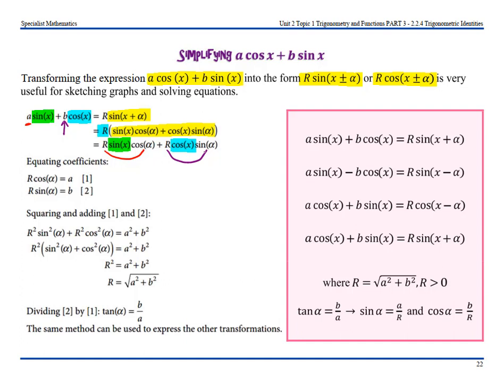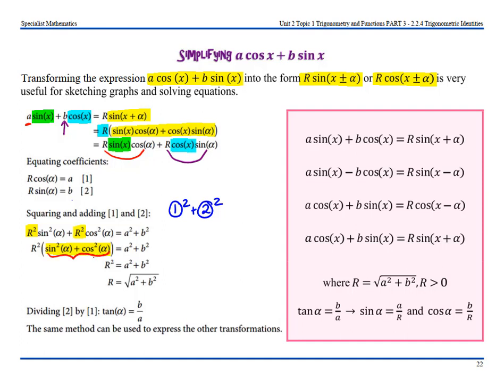What we do now is we square and add. So I want to go equation 1 squared plus equation 2 squared. What happens there is we get on the left-hand side r squared sine squared alpha plus r squared cos squared alpha. If I bring out this common factor of r squared, then I get inside my brackets sine squared alpha plus cos squared alpha.